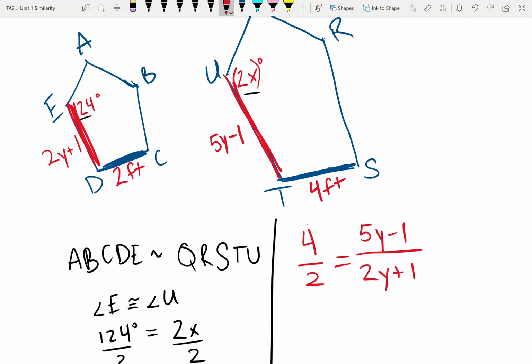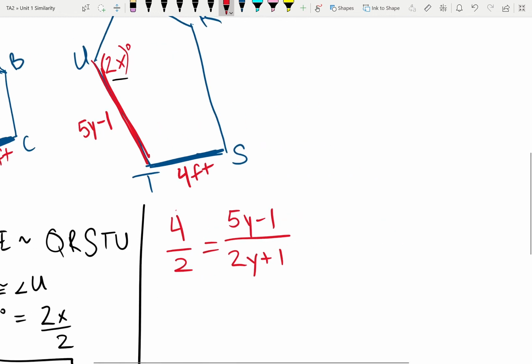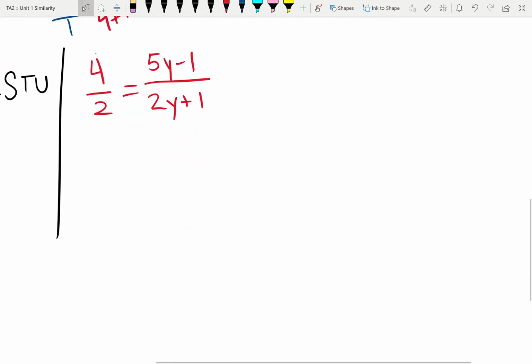Now we have an equation, and we can forget all about the pictures and just focus on this algebraically and try to solve it. When you're solving proportions, we like to cross multiply. So we're going to do 2 times (5y minus 1). Remember, you have to write it in parentheses because you're multiplying 2 by the entire thing.